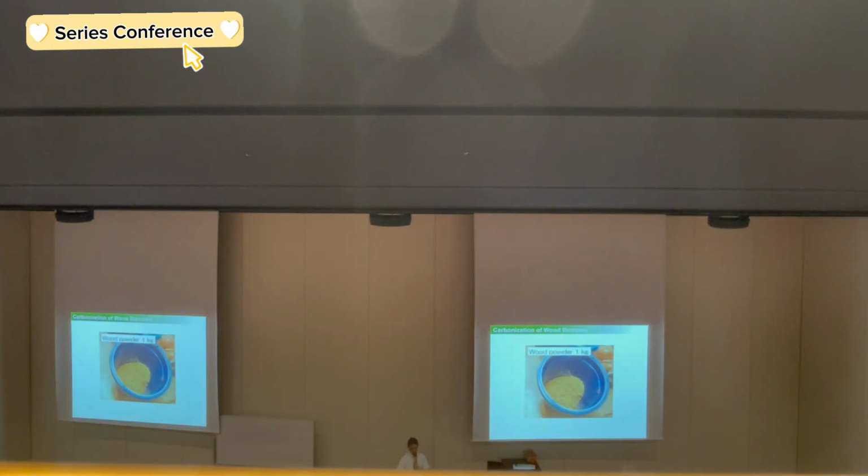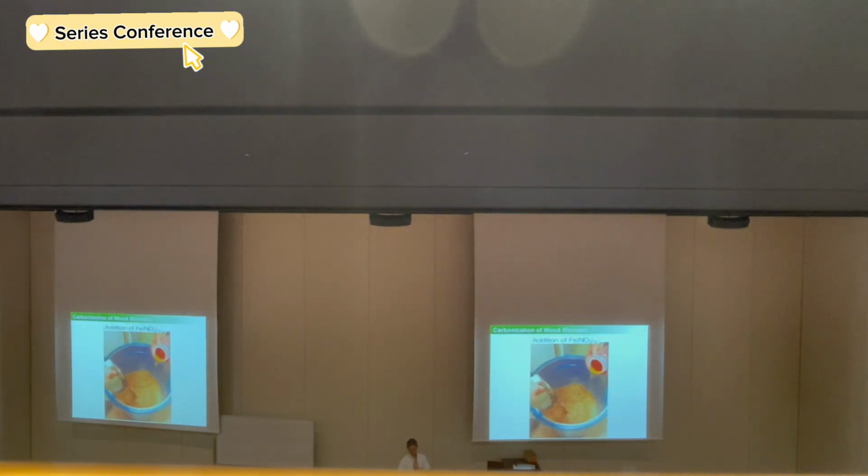From now I'll show you some movies of how we prepare the carbon material on a large scale. We start from 1 kilogram of wood powder. Then we mix with iron nitrate, iron chloride, any iron source is acceptable.